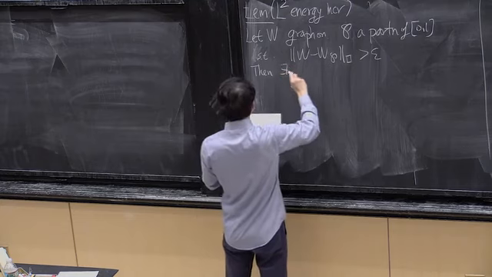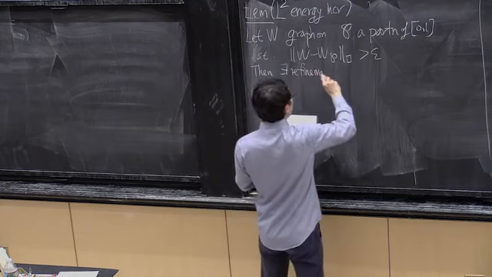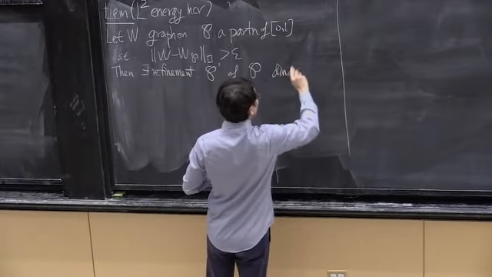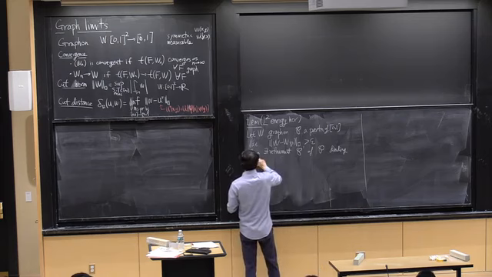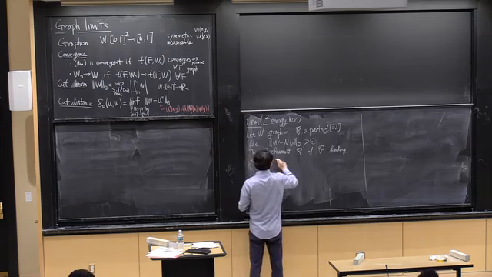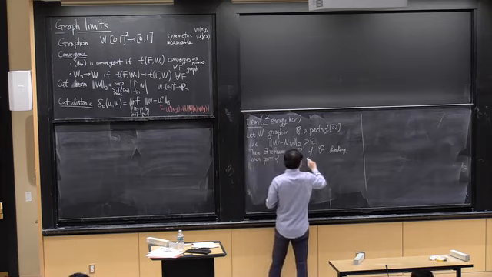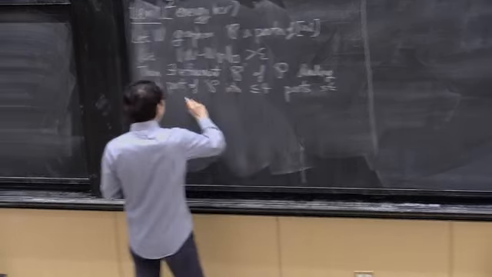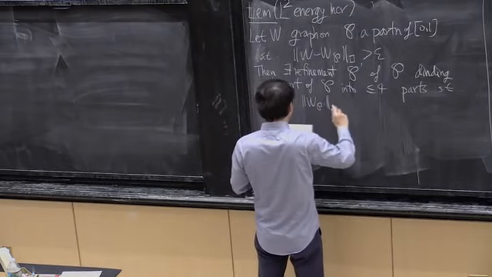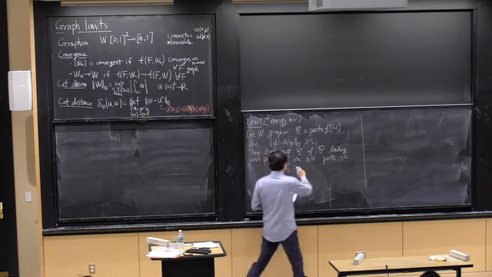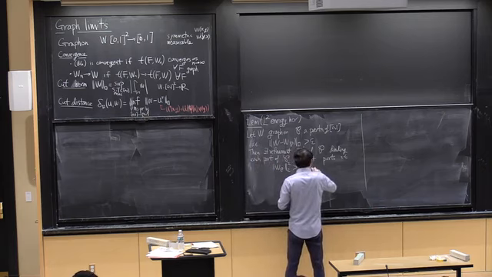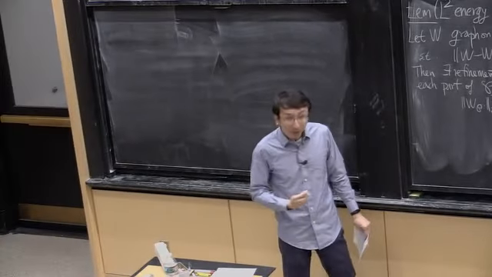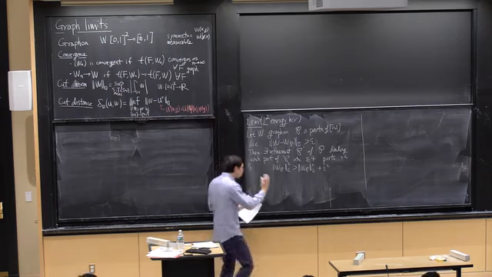Then there exists a refinement P prime of P dividing each part of P into at most 4 parts, such that the 2 norm increases by more than epsilon squared under this refinement.